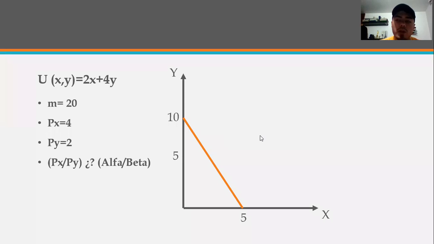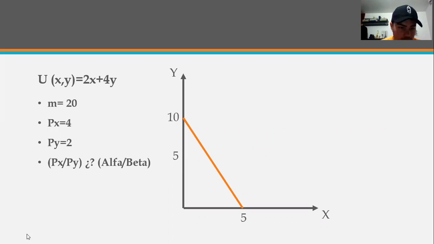So what do we do right now? We need to compare the prices against alpha and beta. Alpha and beta are the numbers on the sides of the X and Y, so it's 2 and 4.